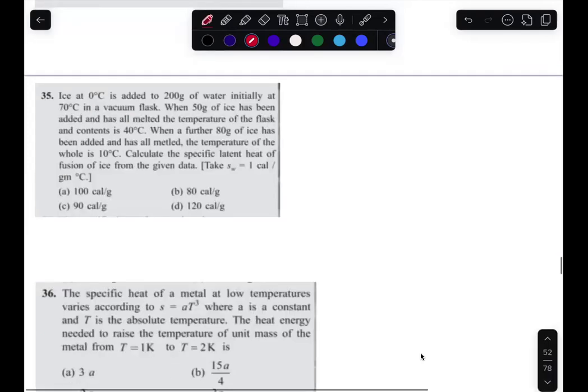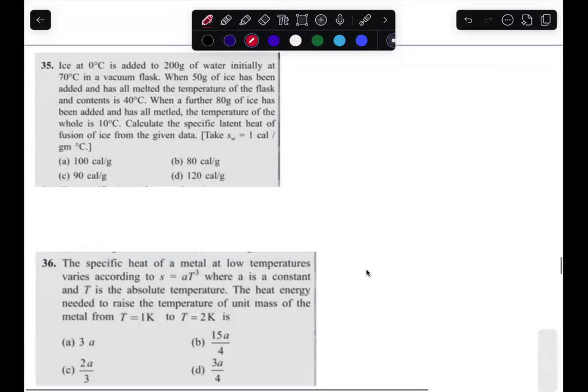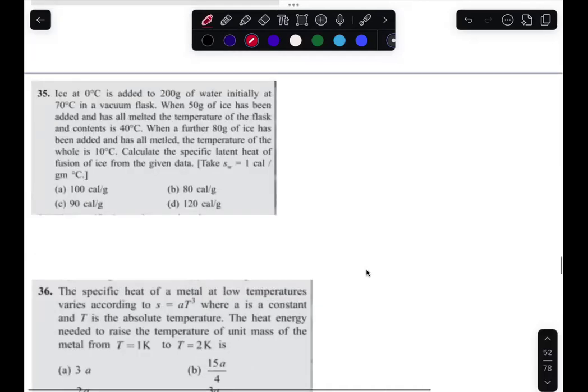Next, 35th question. See, in this particular case, ice at 0 degrees centigrade is added to 200 grams of water initially at 70 degrees centigrade in a vacuum flask.